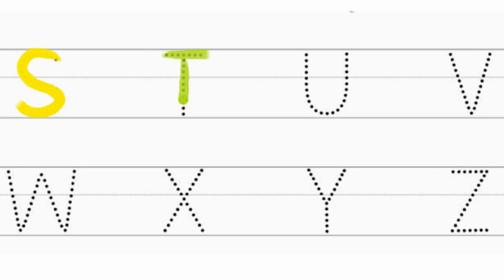Let's write T now. Add a straight line and then add another line on the top like this. U is written like this.